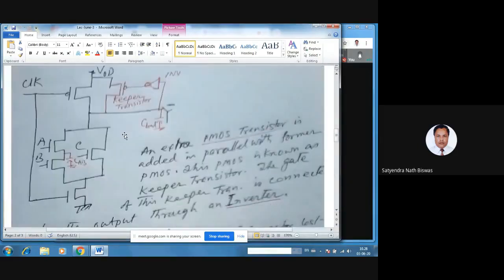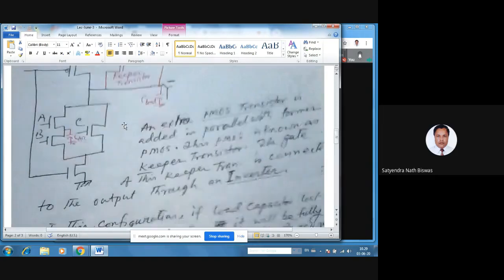Here you see the output is connected to an inverter, and the output of the inverter is connected to the gate of a PMOS, and this PMOS is parallel to the original PMOS. This is the original PMOS, and now this PMOS is connected in parallel, with the upper side source connected to VDD. And this will solve that problem.